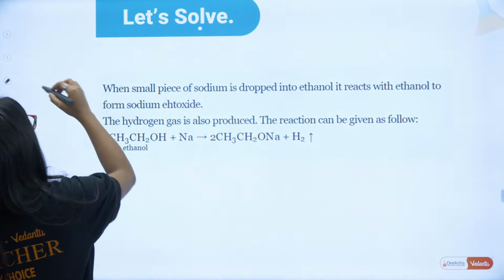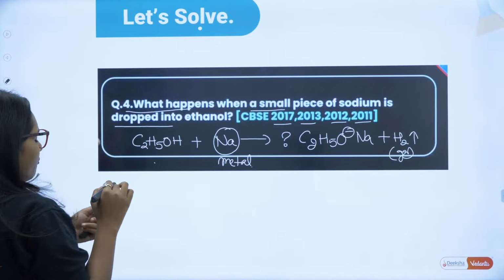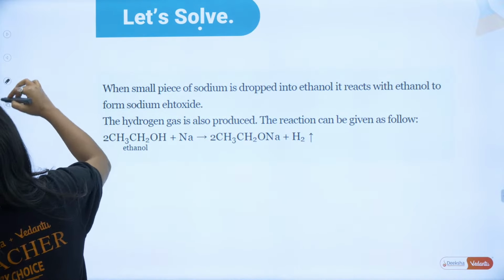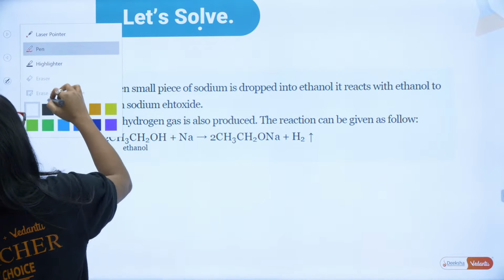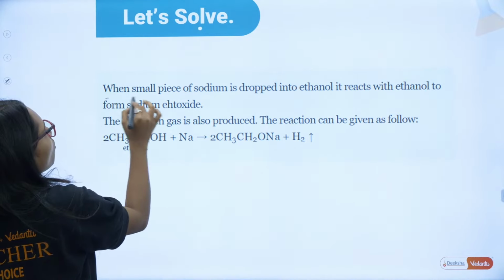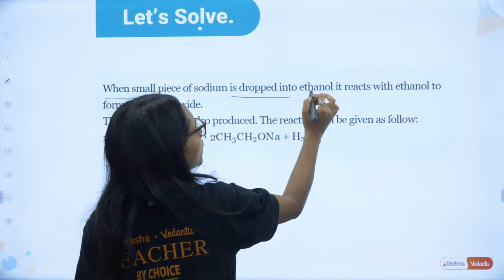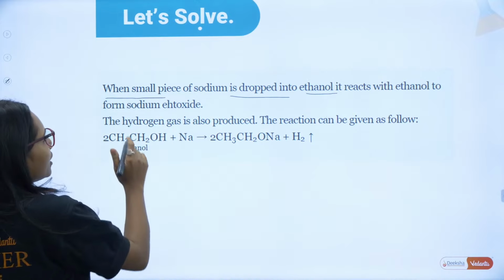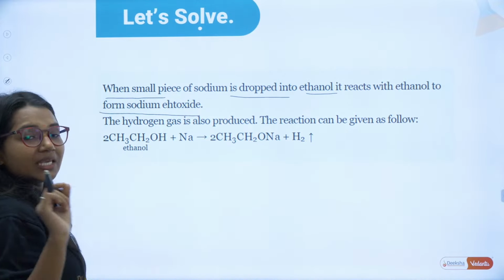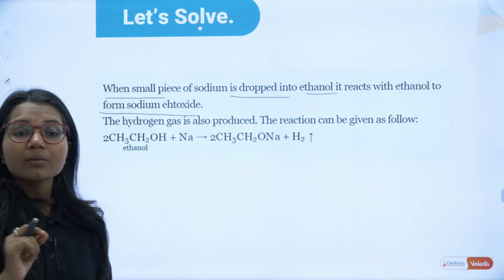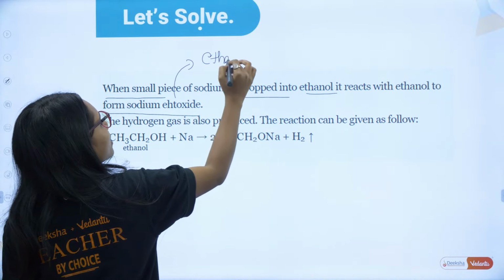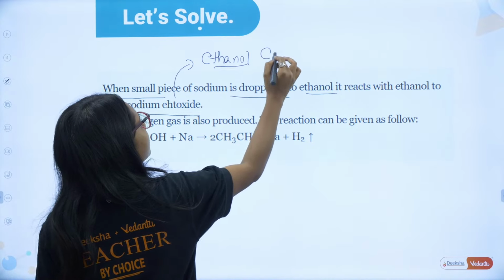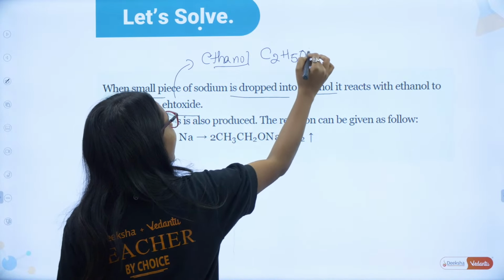When a small piece of sodium is dropped into ethanol, it reacts with ethanol to form sodium ethoxide. What is sodium ethoxide? Ethanol was C2H5OH.